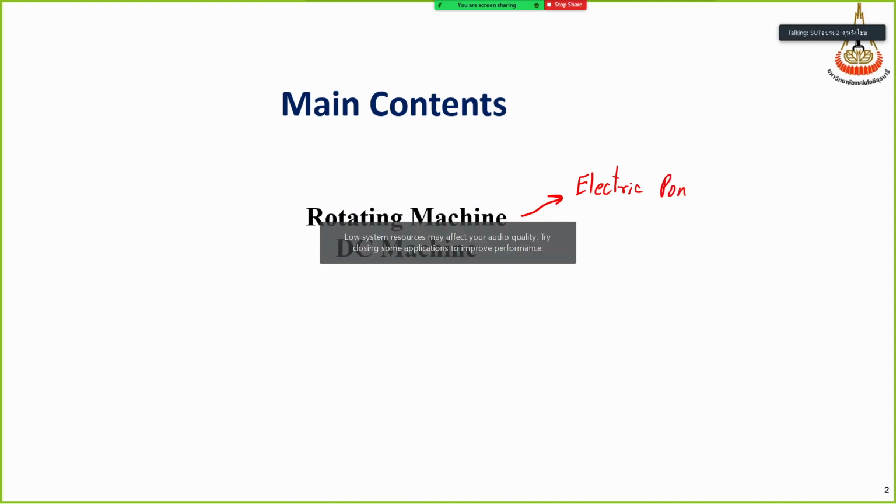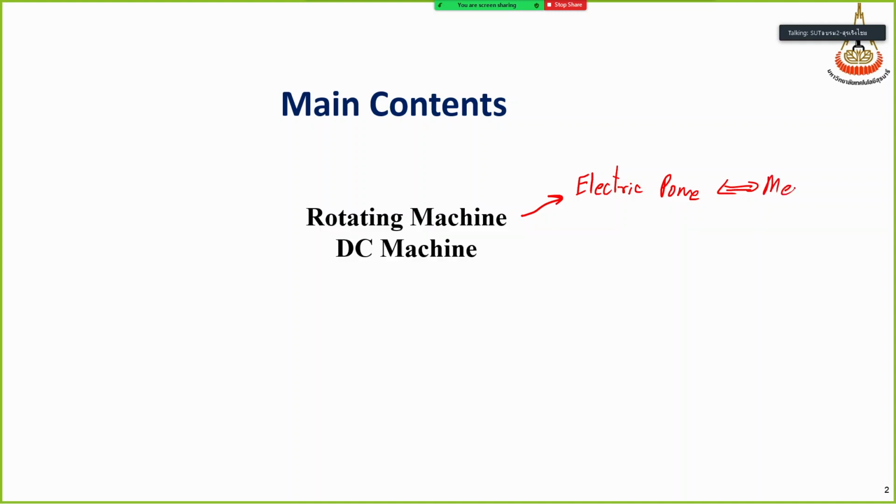electric power and mechanical power, right? Mechanical power and electric power are converted to each other, so maybe we transform mechanical power into electric power, right?